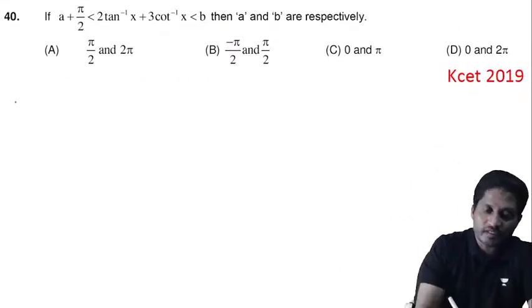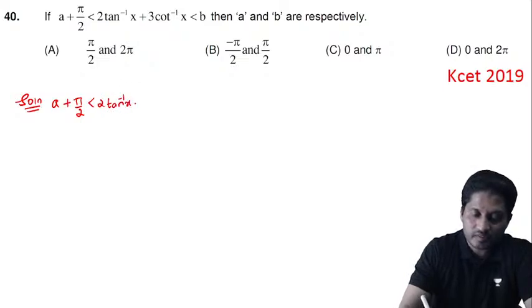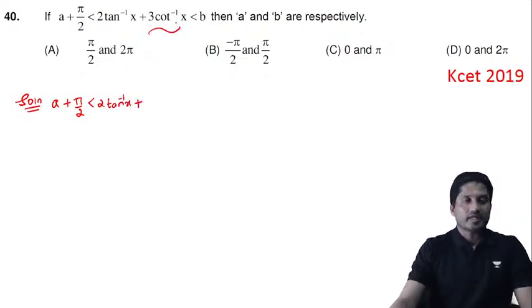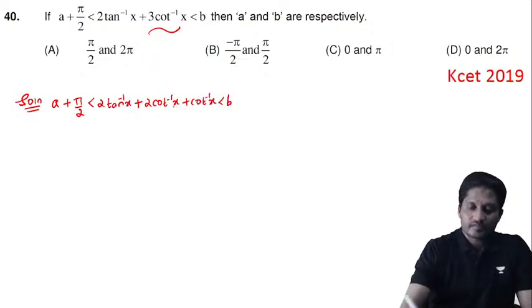Okay, we did a similar question in 2018 paper. This is a plus pi by 2 is less than 2 tan inverse of x plus 3 cot inverse of x, which can be written as 2 tan inverse plus cot inverse, right? And this is less than b.